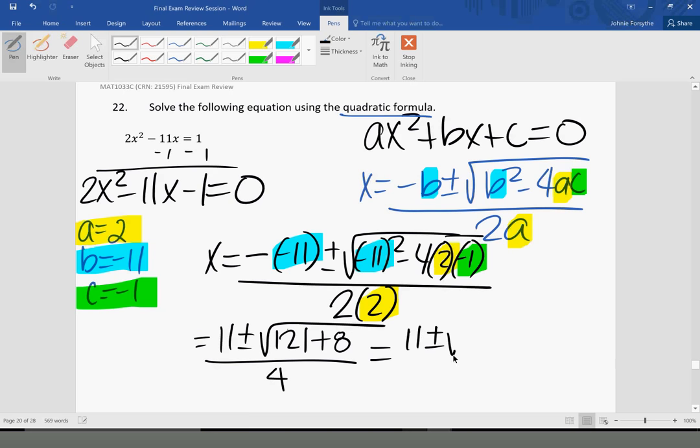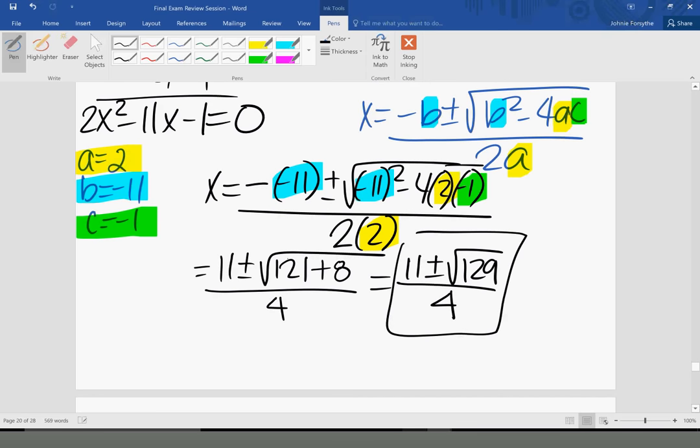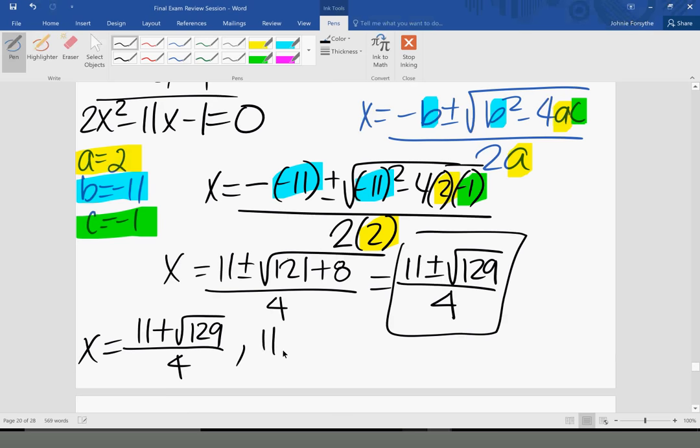So we have 11 plus or minus the square root of 129 divided by 4. And 129, we cannot simplify that further under the square root. So that's actually our final answer. And again, if you wanted to write that as two different numbers, that'll be 11 plus square root of 129 over 4, and then 11 minus the square root of 129 over 4.